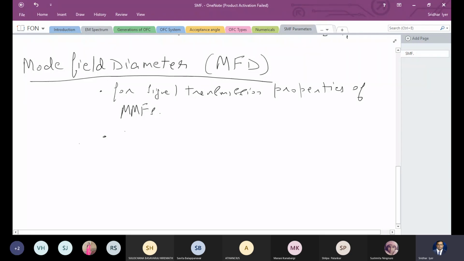It is determined from what is known as the mode field distribution.